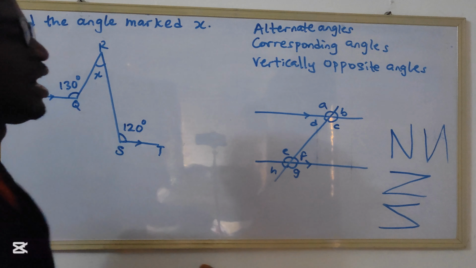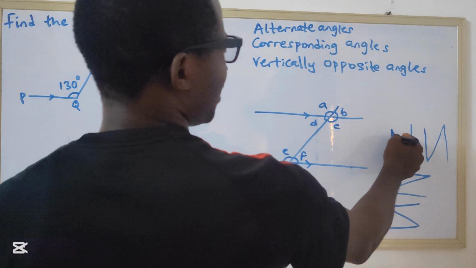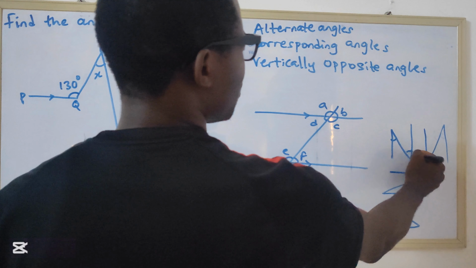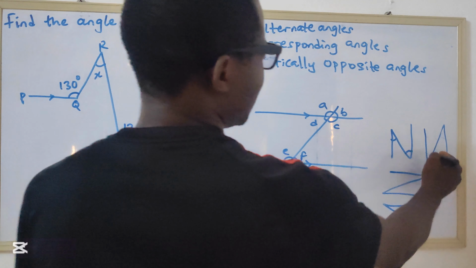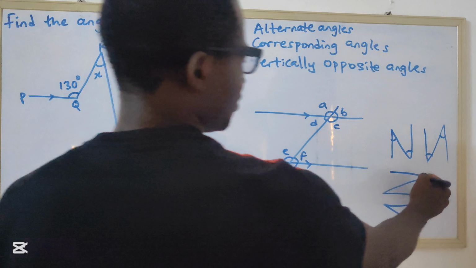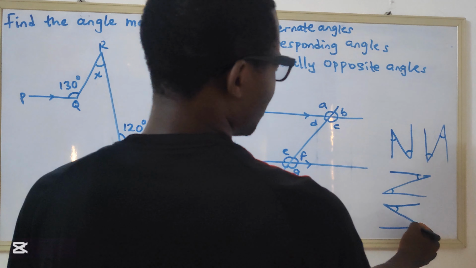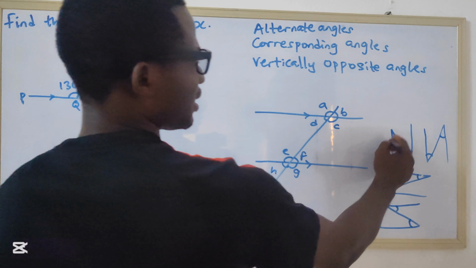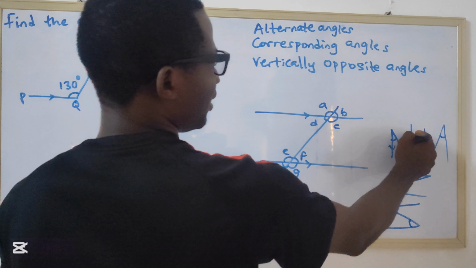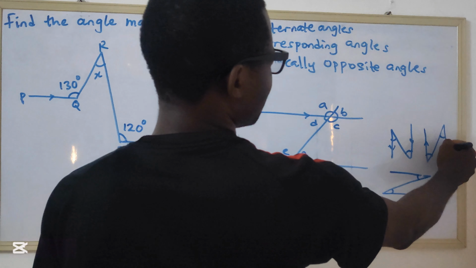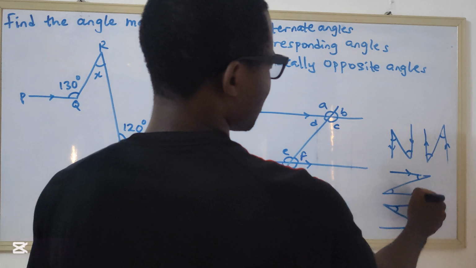So the angle here for the N is equal to the angle here. The angle here is equal to the angle here. Then the Z does the same thing. The angle here is equal to the angle here. And that's based on the assumption that this line is parallel to this line, that they are parallel lines.